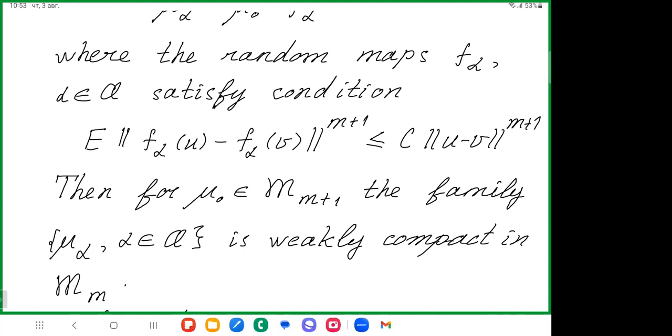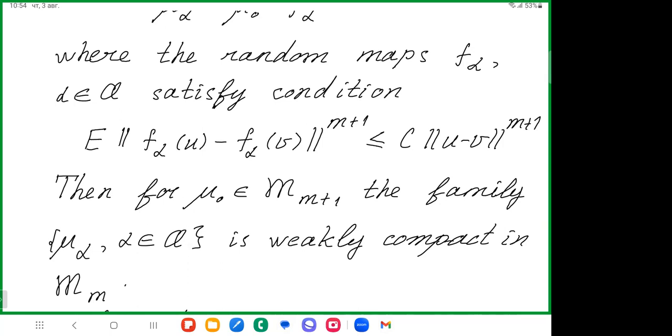And we need to estimate the integral of this function with respect to our measures. And we do this using the Hölder condition. So we need something slightly bigger than m in the powers. But we consider only the Wasserstein space with natural or integer index, so we use plus 1. This is an explanation. But nevertheless, we have such a condition.